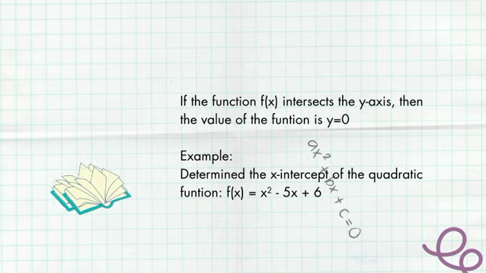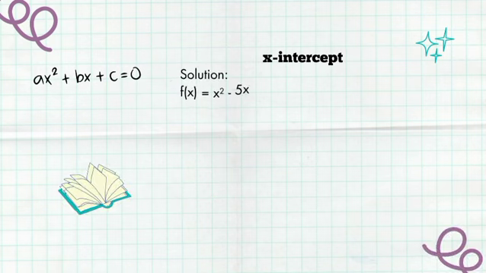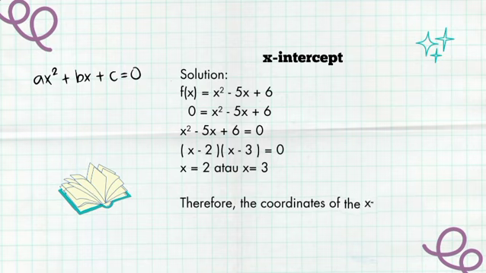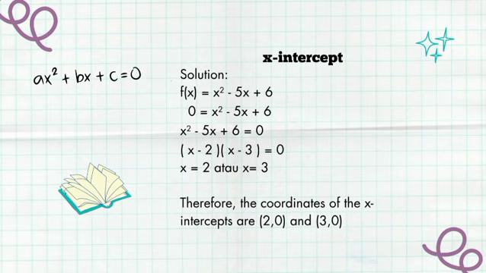So we get the solution. f(x) equals x squared minus 5x plus 6. So 0 equals x squared minus 5x plus 6.